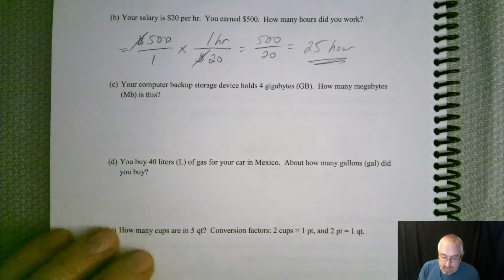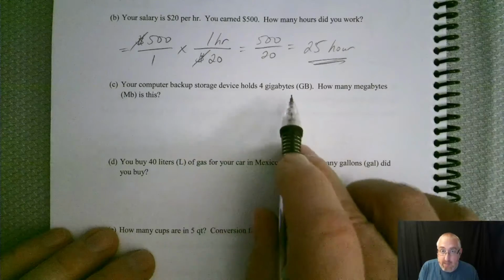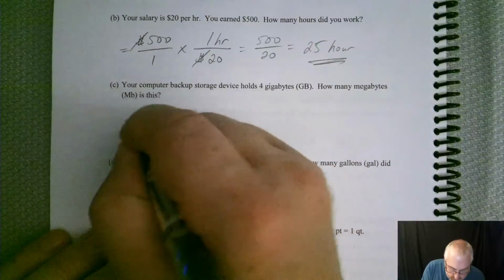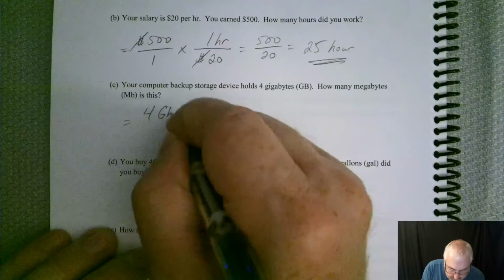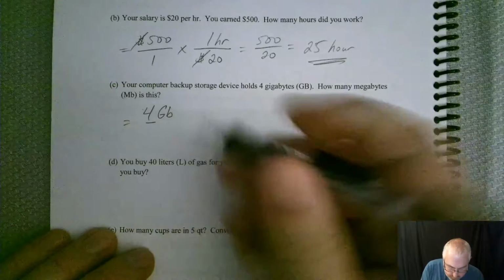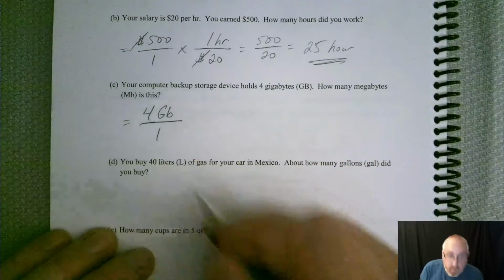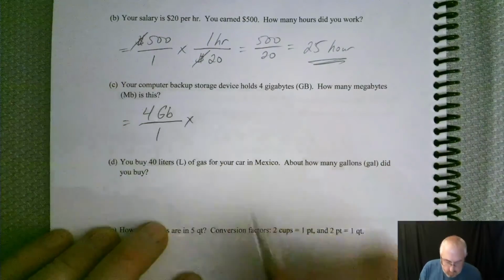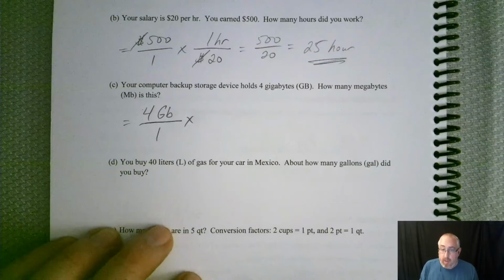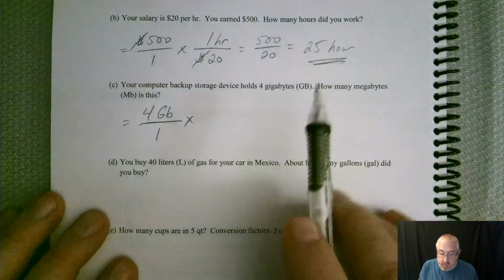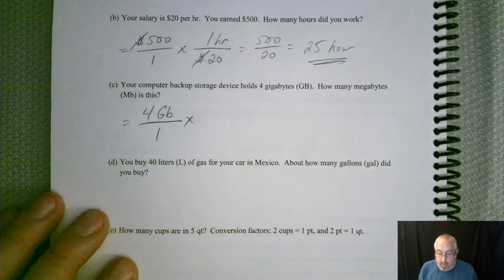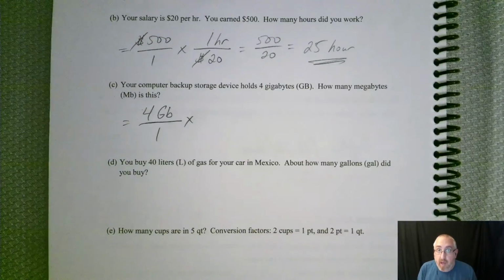But if not, your starting point is the 4 gigabytes. So 4 GB over 1. Okay, so now remember the conversion. It's up above. It says 1,000 megabytes is 1 gigabyte. So where does the 1,000 megabytes go?